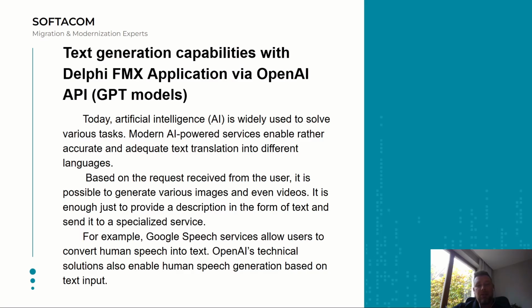Today we will, as I already mentioned, talk about three types of interaction with OpenAI. I think everyone knows who it is. OpenAI is one of the most famous companies who develop AI projects and products, especially in terms of Gen AI.